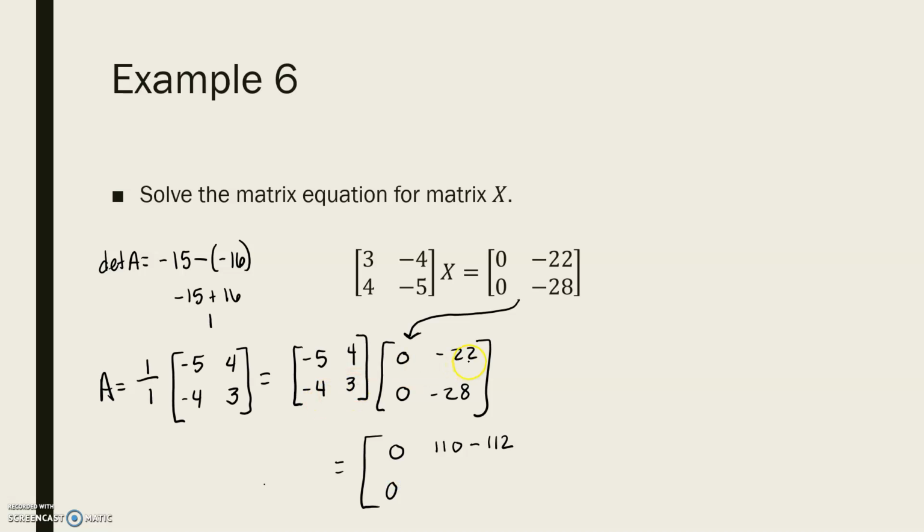And then I've got -88 minus 84. All right, so, oh, that should be a +88, sorry. So when I simplify that a little further, I get 0, 0, and then I get -2, 2. And this would be our final answer for x.